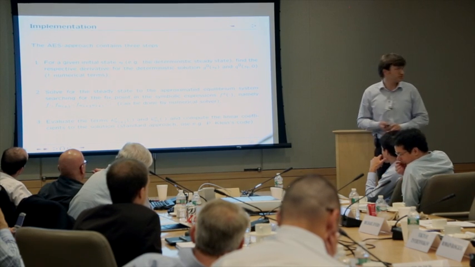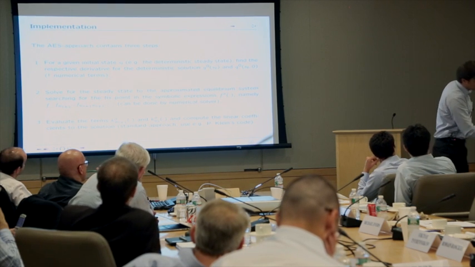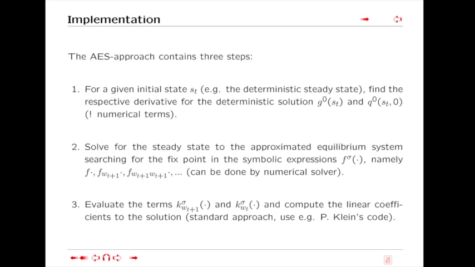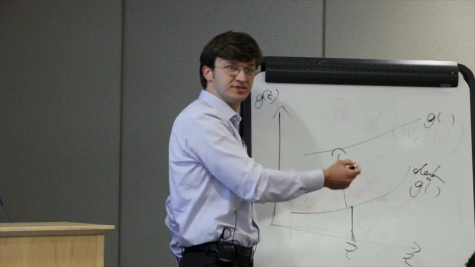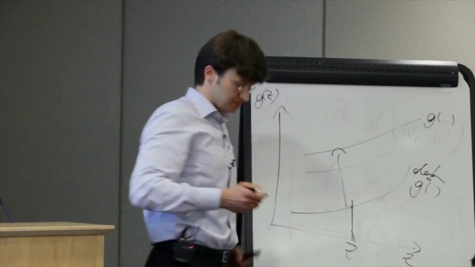So I know this point, I can compute, and for this point I can compute the response of the endogenous non-predetermined variables, which I need in order to keep track of how the non-predetermined variable responds if I now perturb the system in the exogenous shocks. Yeah? So then I can compute this.